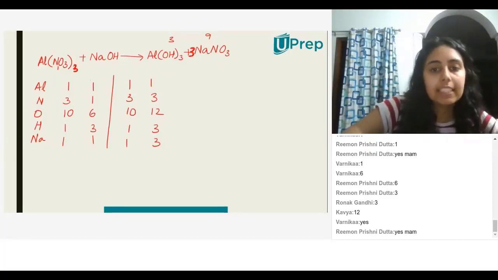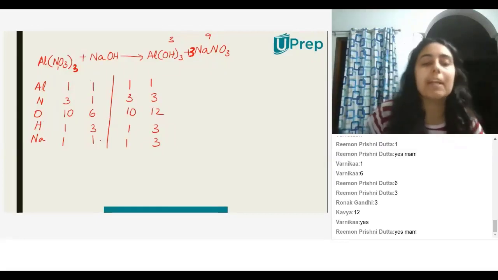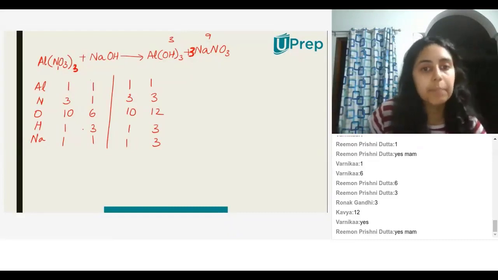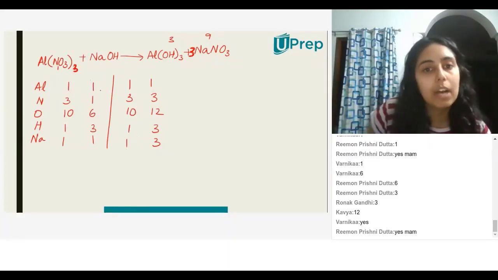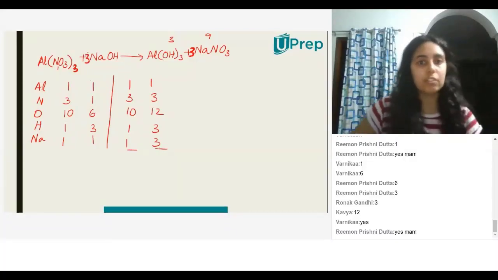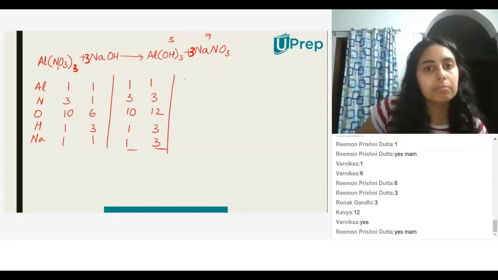Now the next thing. Aluminum is balanced, nitrogen is balanced, oxygen is not balanced, hydrogen is not balanced, and sodium is not balanced. First I'll balance sodium. I have 3 on the right-hand side and 1 on the left-hand side, so I'll add the big number 3 in front of NaOH. Let me write it one more time.